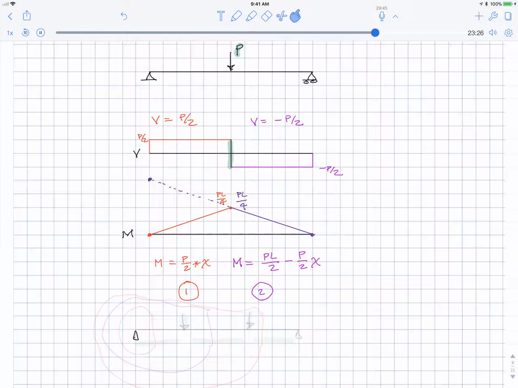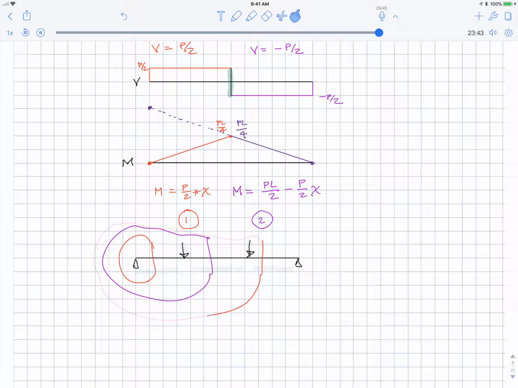Whenever you have a beam and you have a bunch of point loads on it, what that will mean is when you take this cut, and then when you take this cut, and even if you take another cut out here, you'll get different equations because you have different loads in there.